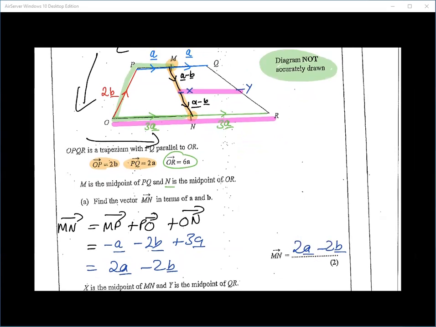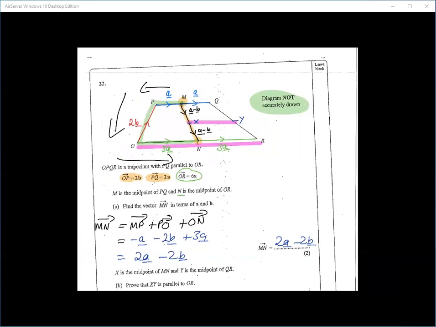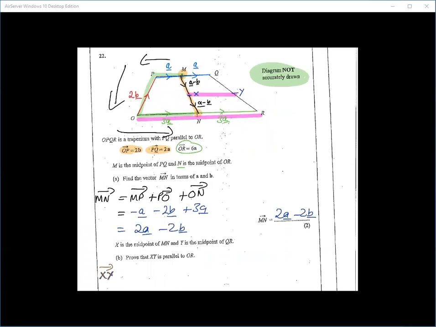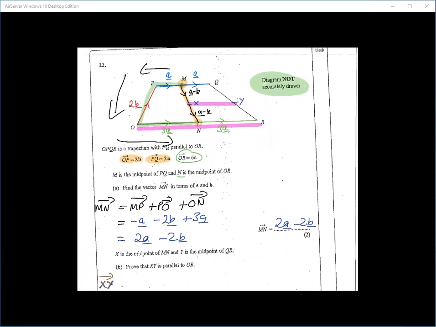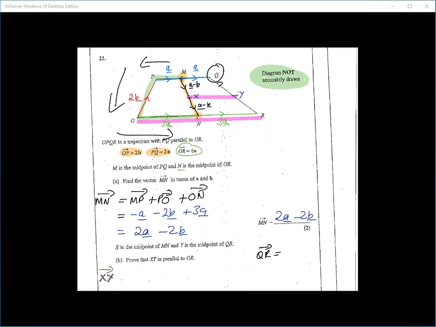Okay, what else do we know? Do we know what QR is? We can work out QR, can't we? Because we need to know this bit here. This bit is missing. So what's Q to R? Let's do some background. Q to R, we're going to go from here to here on the scenic route.